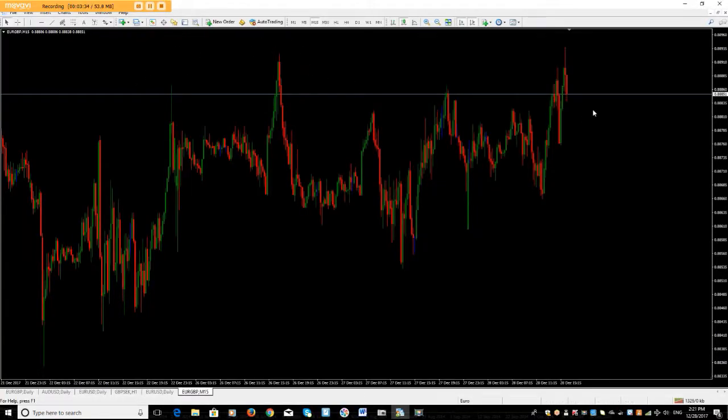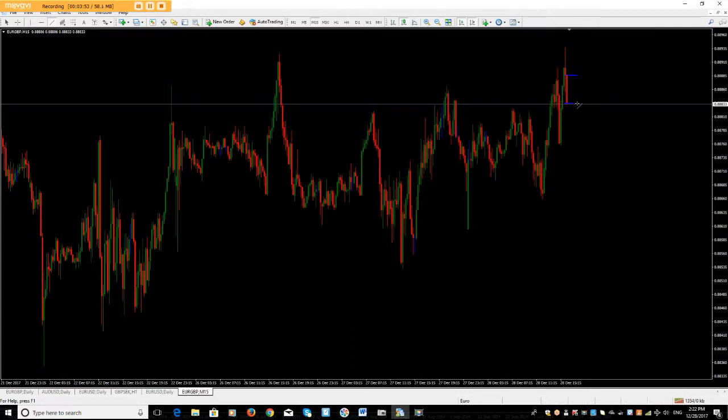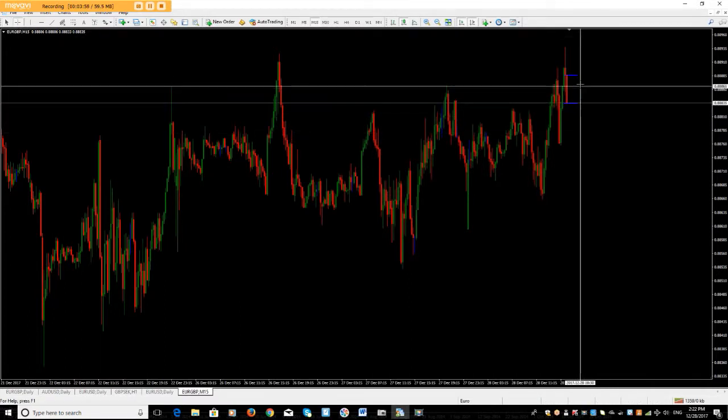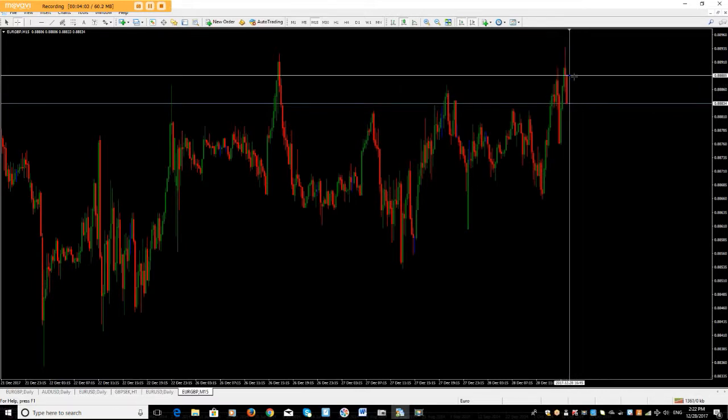Okay, guys, say this is my entry here. I've highlighted my entry blue, and say this is my stop. That's where I'm going to put my stop loss, if it comes up to here.